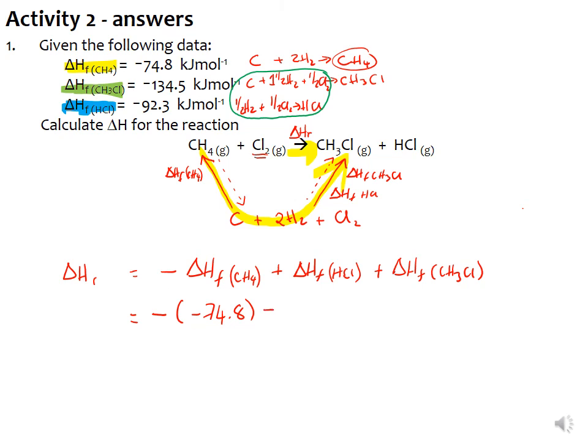We are then going to add the delta HF of HCl, which we can see is minus 92.3, and then we're going to add the delta HF for the chloromethane, which is minus 134.5.